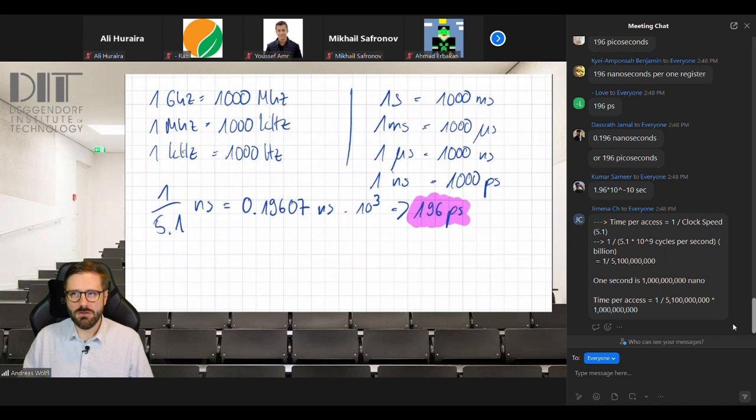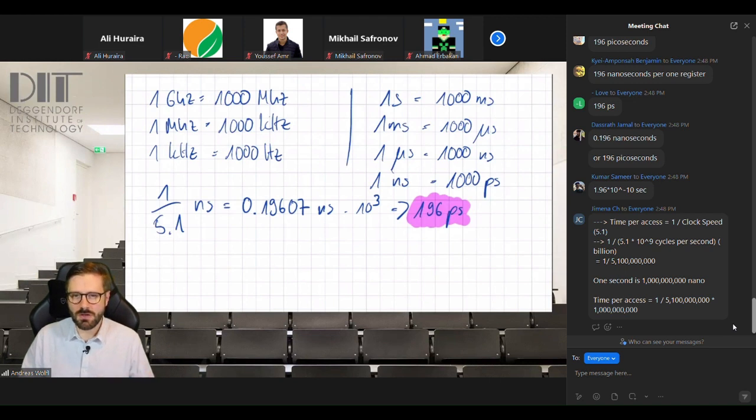Oftentimes the numbers are easy, but you need to take extra care about the units. Switching between units is important because this is one major part of your solution. So don't forget units. If you do not calculate in units, then this would be a rather big malus in your solution, so focus on transforming between units.